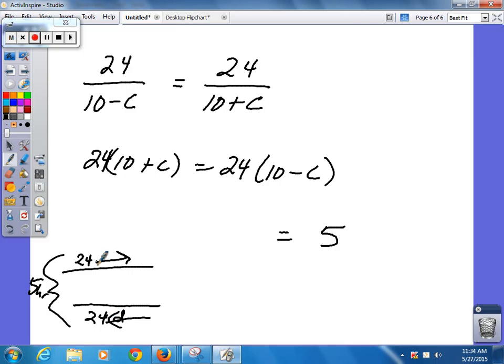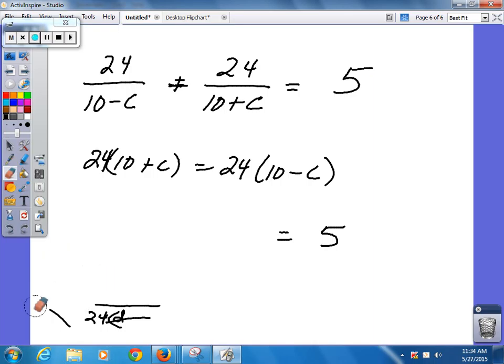Add them. So you're going to take this guy, add it to this guy, and that's going to equal 5 hours. That 5 hours was bothering me. I got a little bit ahead of myself.